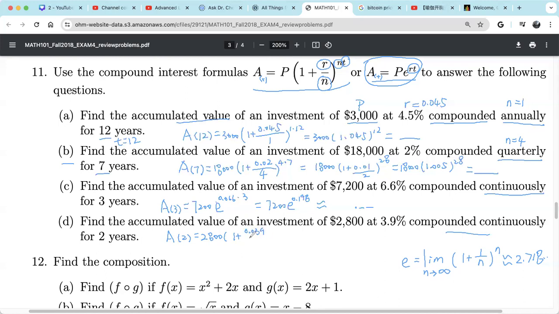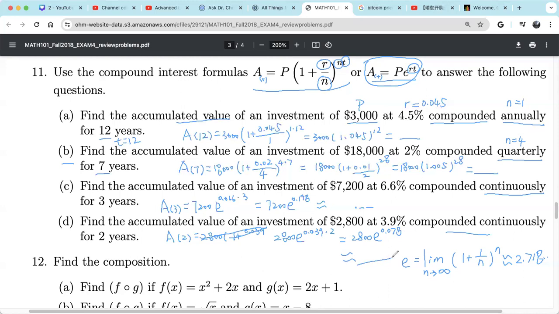Because this is compounded continuously, it's 2,800 multiplied by e raised to 0.039 times 2. Simplifying a little, 2,800 times e raised to 0.078. Press e raised to 0.078 into the calculator, then multiply by 2,800.